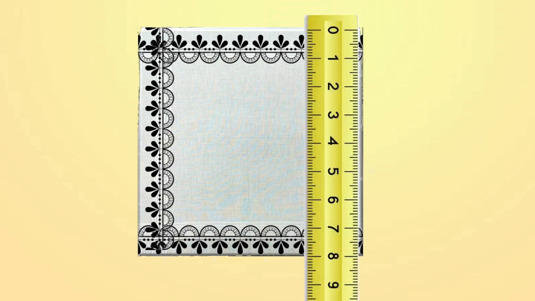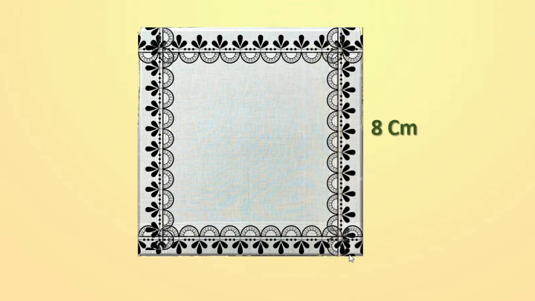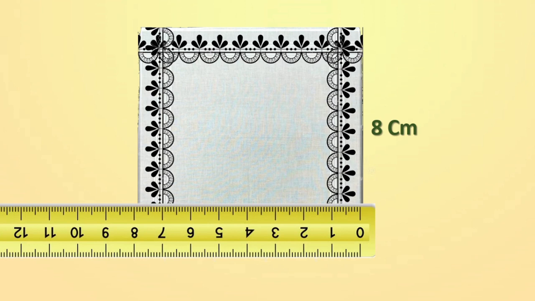Now we will count the length of each side. We will use a scale here. See, this is our scale. See the counting from 0 to 8, means this is 8 centimeter, isn't it? And here we will count. See this, this is also from 0 to 8, means this is also 8 centimeter.